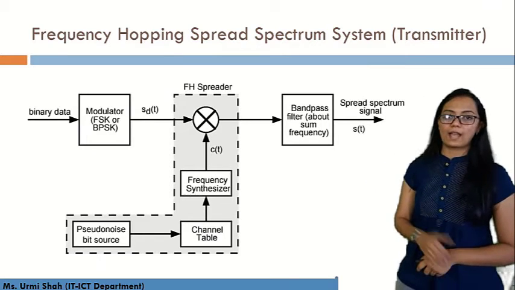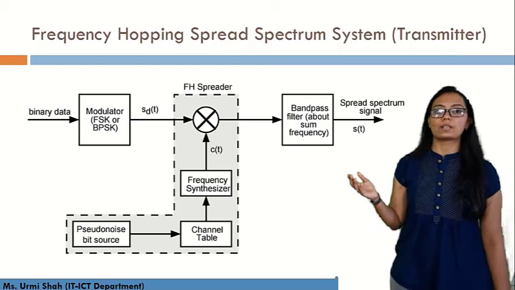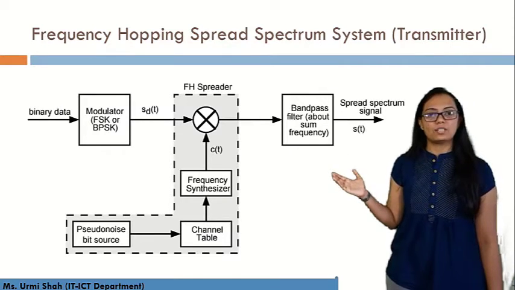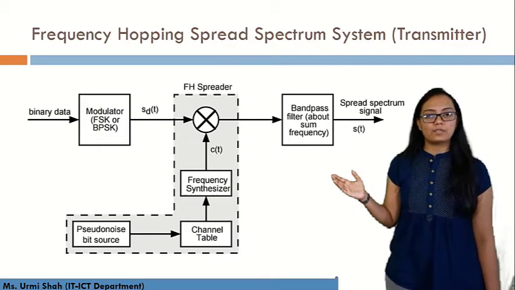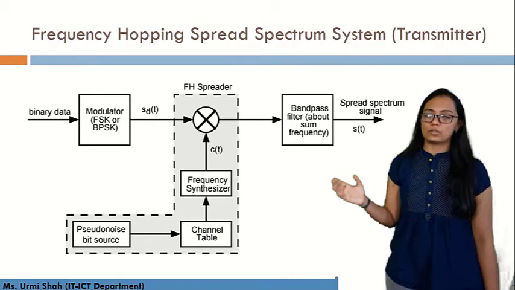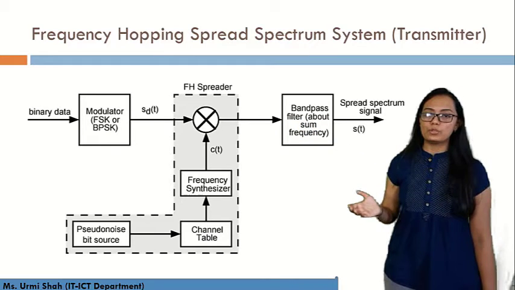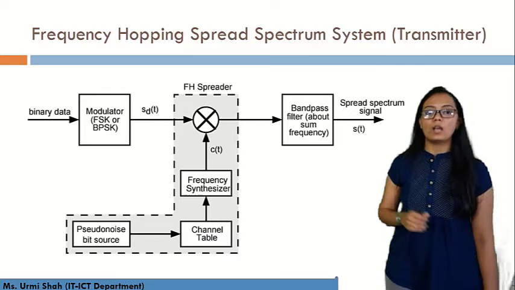Now let's understand how FHSS works. This is the block diagram of the transmitter circuitry of FHSS, that is, frequency hopping spread spectrum. The transmitter block takes a binary data input signal which is given to the modulator circuitry.